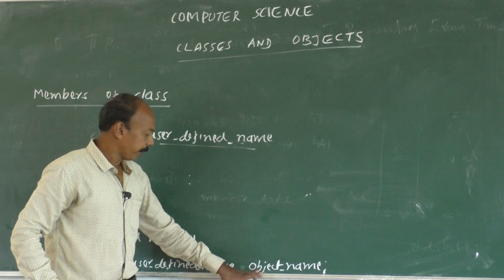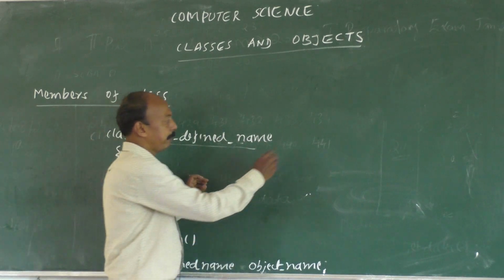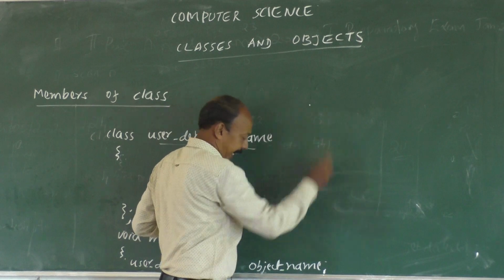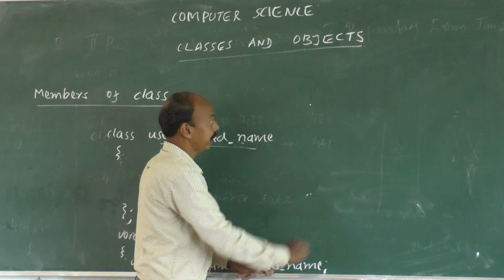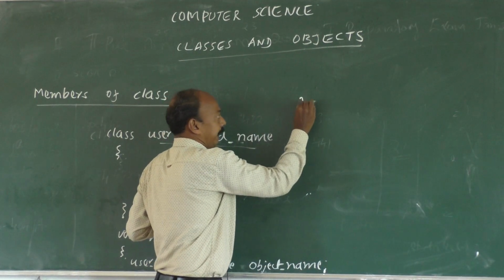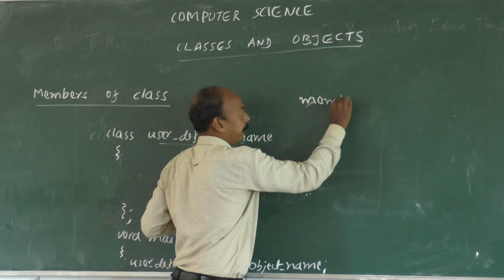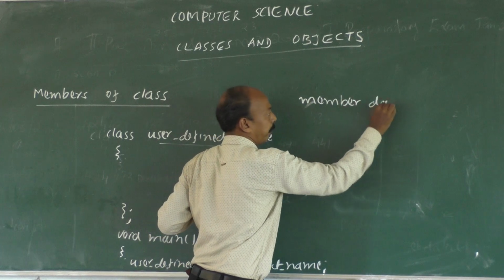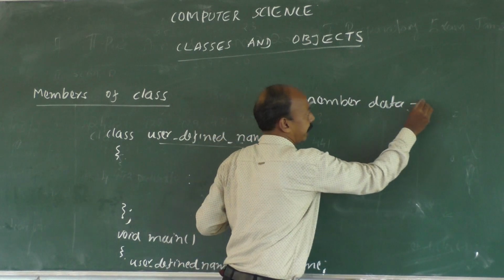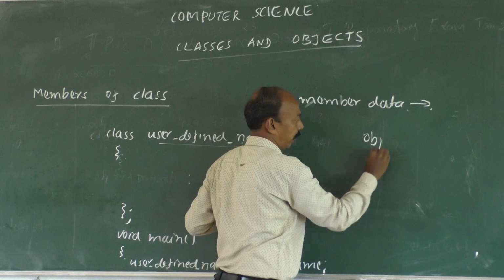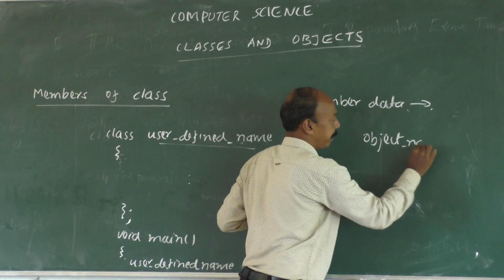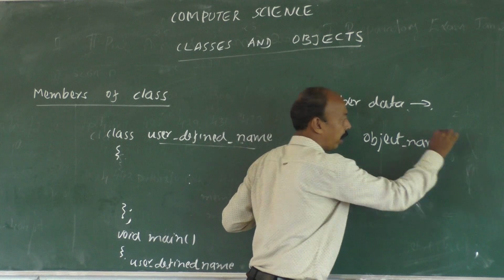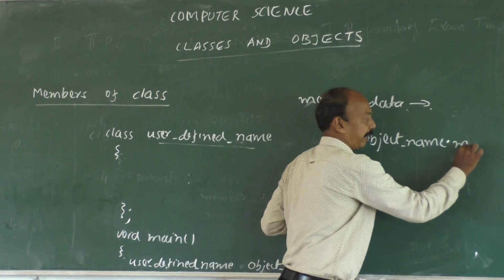That's why when we are going to access a member data, it has to be written along with the object name. For the member data, we are going to write it as object name dot member data.